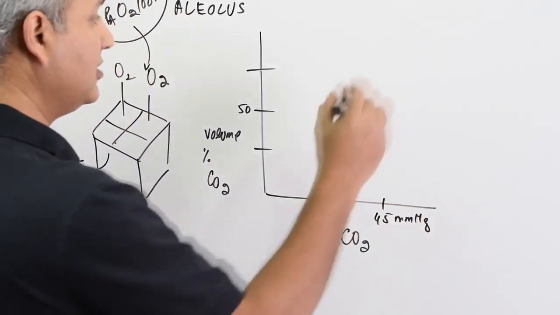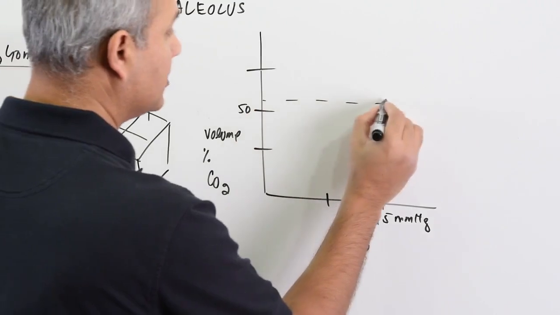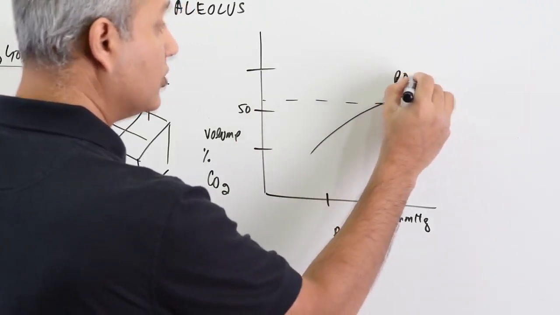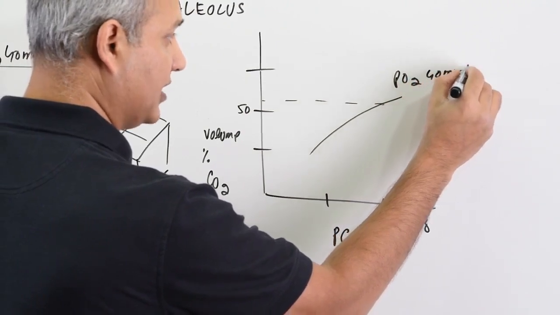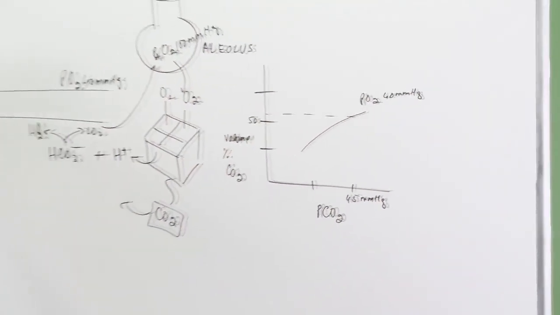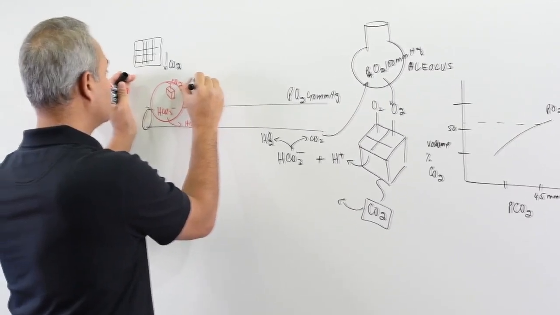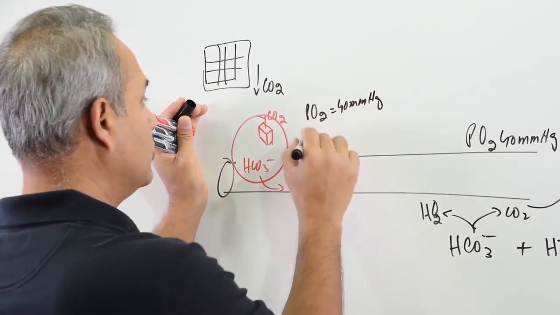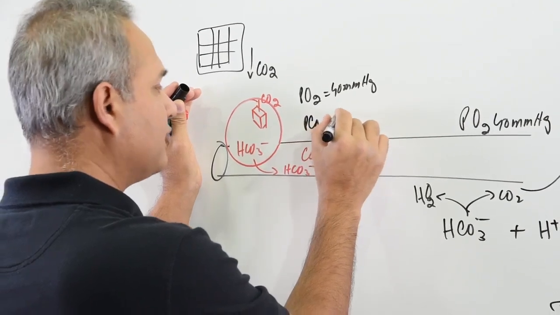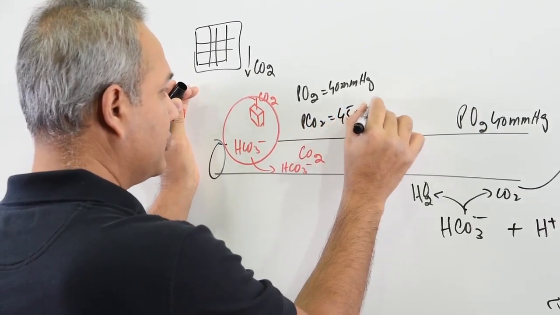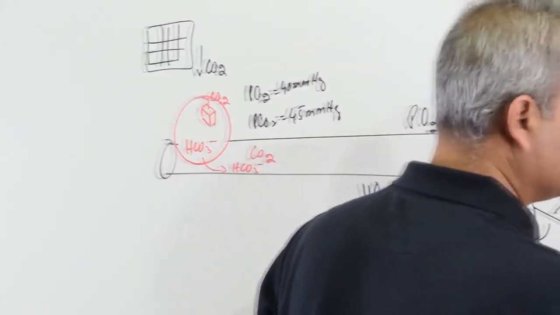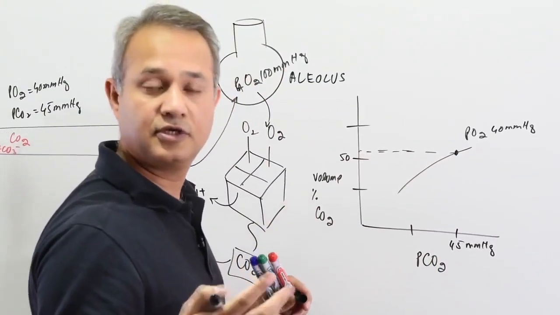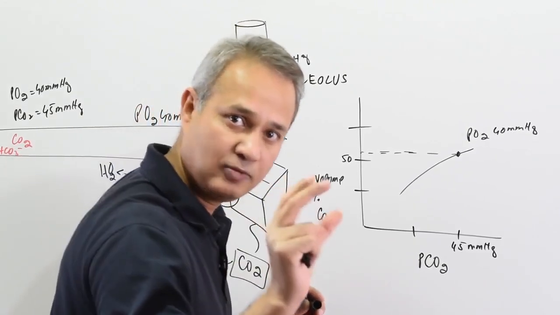And what is the oxygen level? PO2 is about 40 millimeter of mercury, right? So that is the tissue situation. In the tissue, PO2 is 40, PCO2 is about 45 to 47, let's use 45, and that causes about 52 volume percent of carbon dioxide to be loaded.